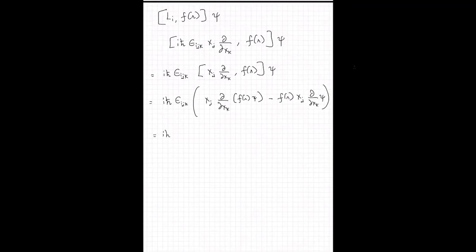Again, the first term can be written as xj times psi df of r/dxk. The second term is plus xj f of r dpsi/dxk.